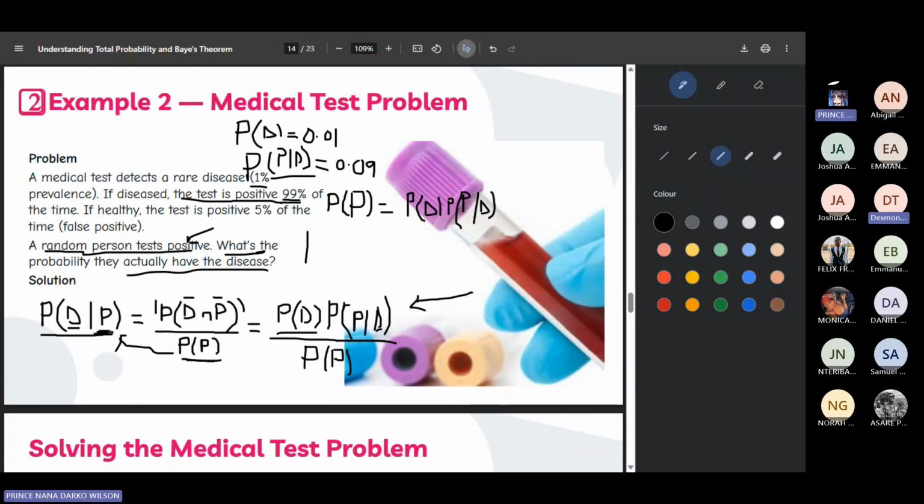Good. So now, the probability of D intersection P, that's the probability of having the disease and testing positive, may be written in two ways.